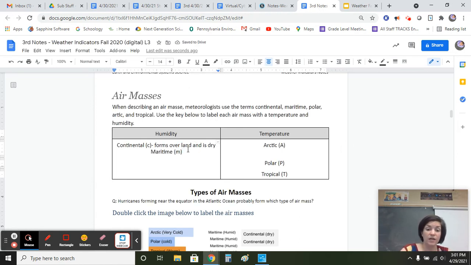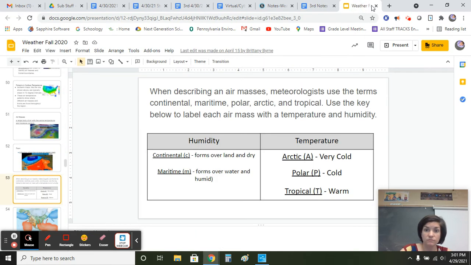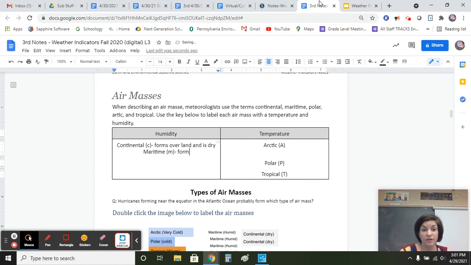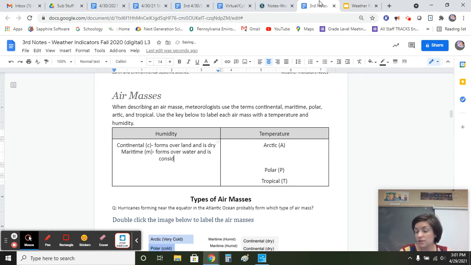Maritime, on the other hand, forms over water and is considered humid. Okay, because if it's over the ocean, water is going to just jump into the air like that.